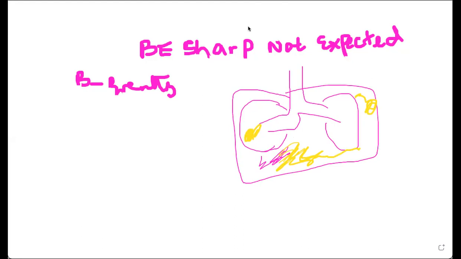So any patient who has this problem is a priority. The next one is electrolytes. This is very important. Your examiners like asking this because electrolytes control your homeostasis. And the key electrolytes are sodium, magnesium, calcium, and potassium.